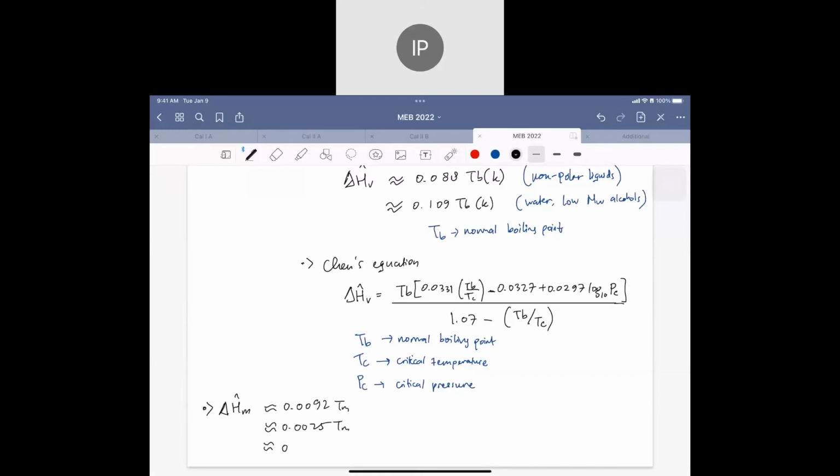But of course, most of these methods have a huge gap in the error. So unless the question is asking you to use this method, I think it's not really accurate. This is for metal elements, inorganic compounds, and organic.